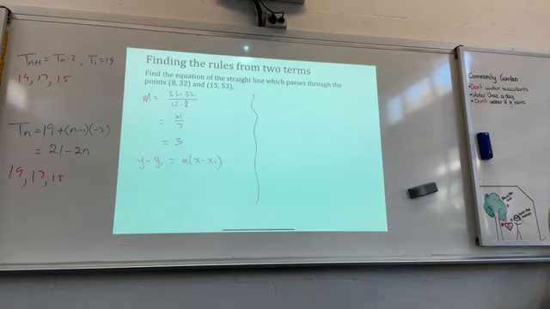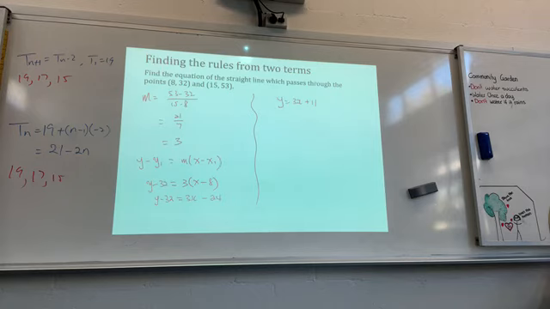So therefore, y minus 32 equals m, which is 3, x minus x1, which is 8. So therefore, y minus 32 equals 3x minus 24, y equals 3x plus 11.